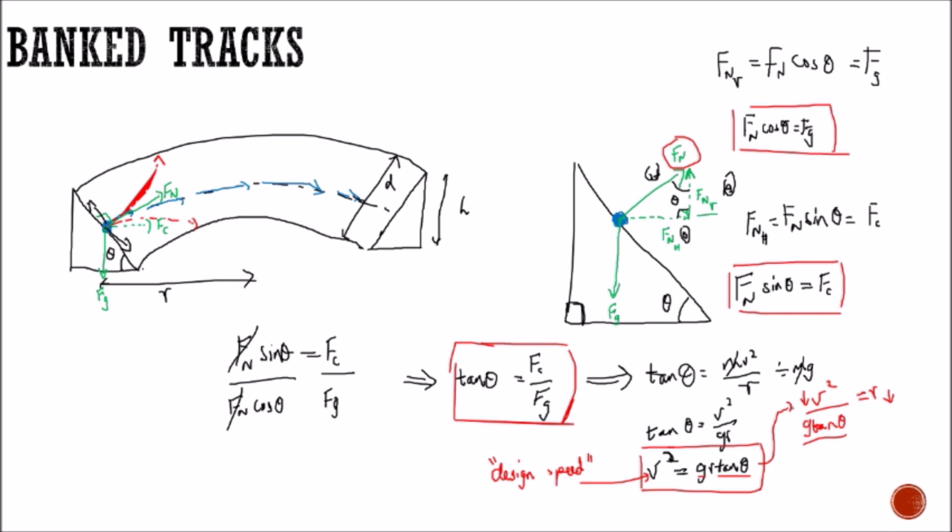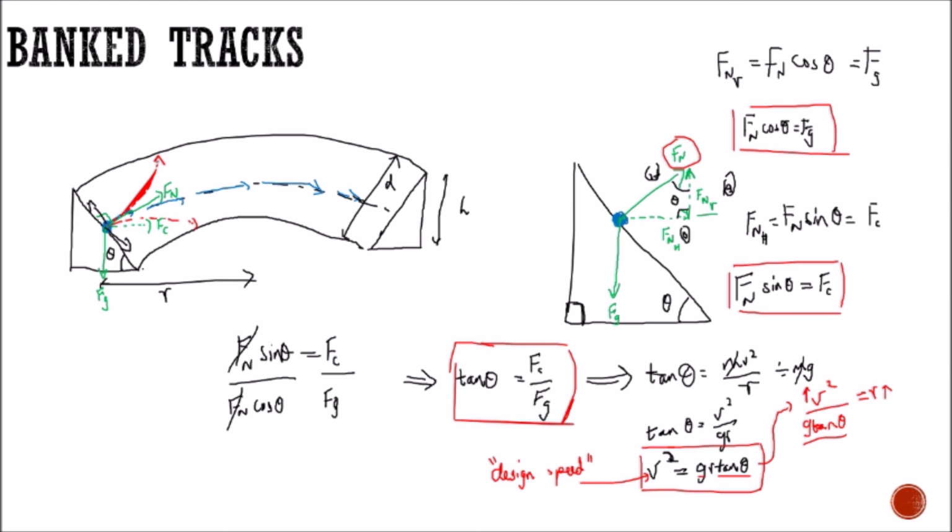And conversely, if our velocity went up, then the radius of our turn must also increase, and hence our car would slip up the banked track, trying to achieve a greater radius. Okay, and unfortunately, if this track isn't infinite, you're going to end up just sliding off the edge of the track.